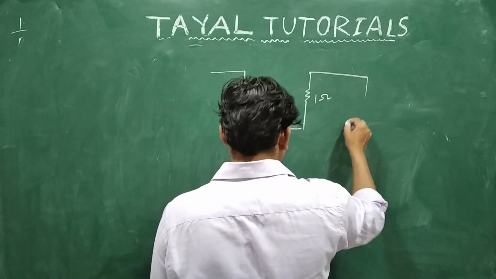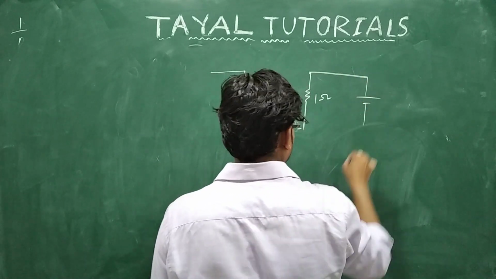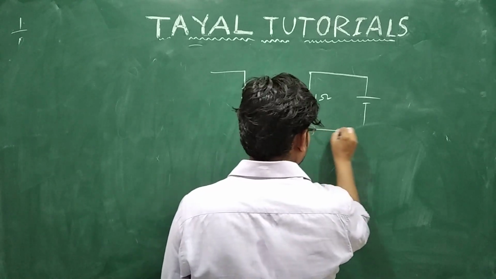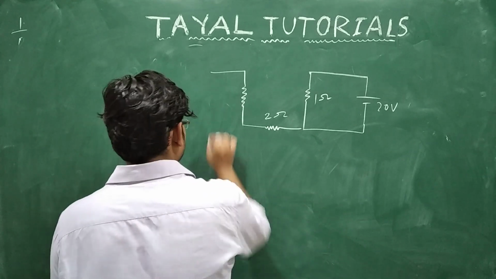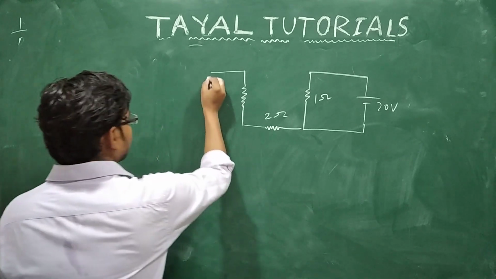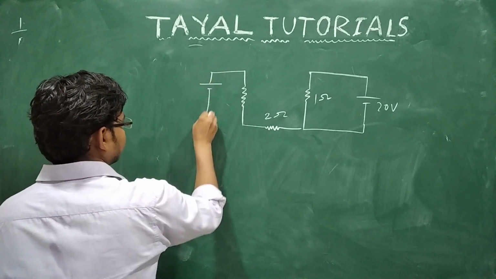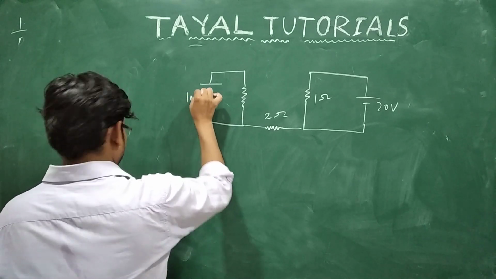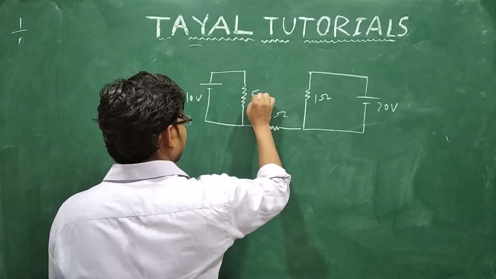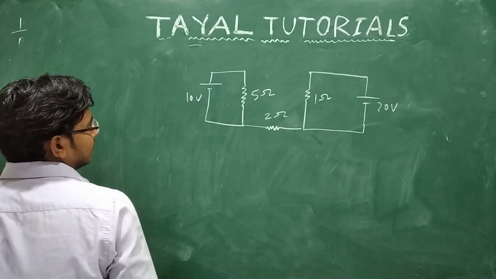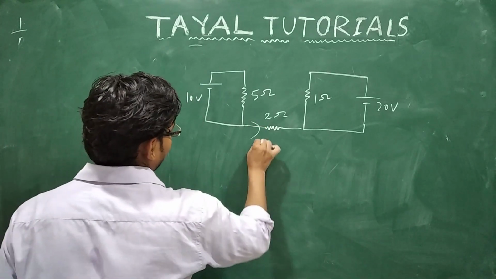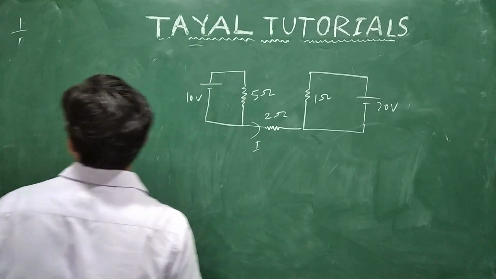This is a 20 volt, this is a 10 volt battery. This is your 5 ohm. They are asking the current which flows through this 2 ohm resistor.